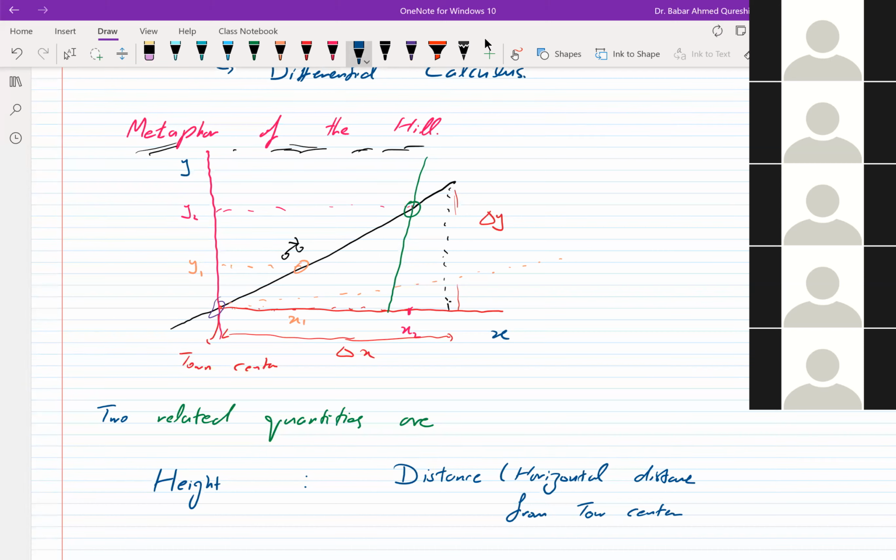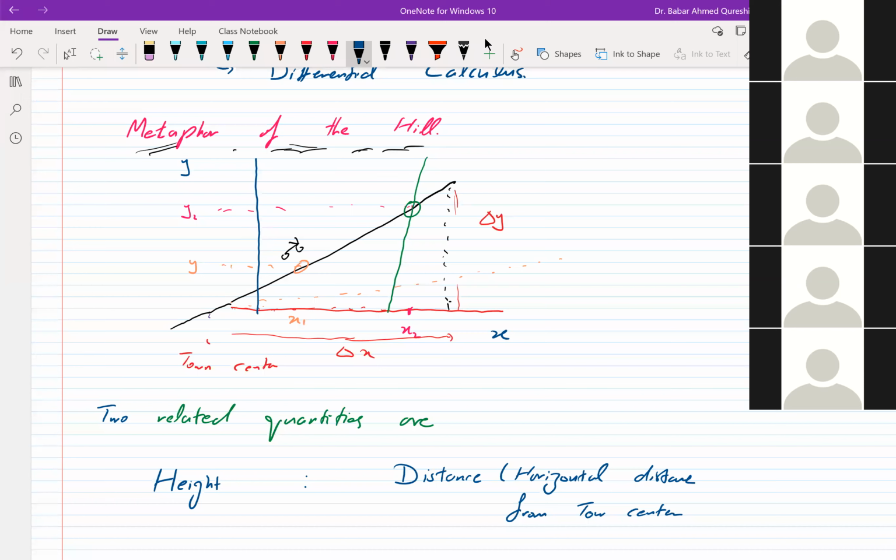I could put the city center over here. Let me change this a little bit. I'm not changing the hill, I'm just changing the position of the city center, in other words, changing the origin.